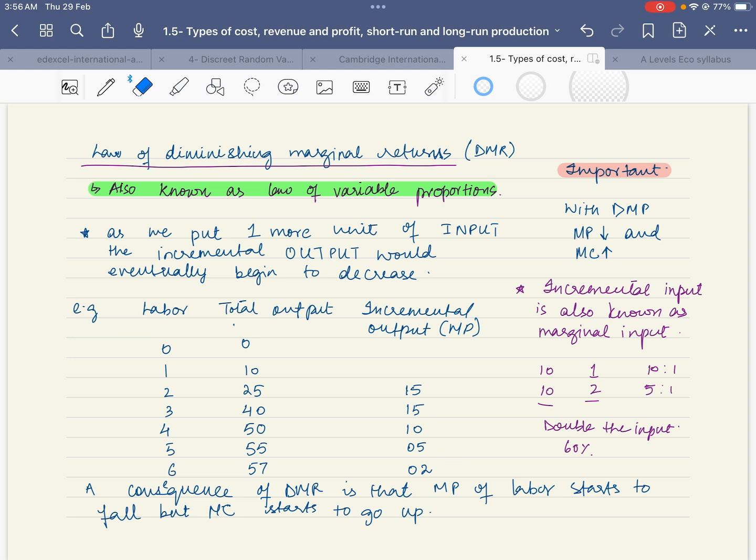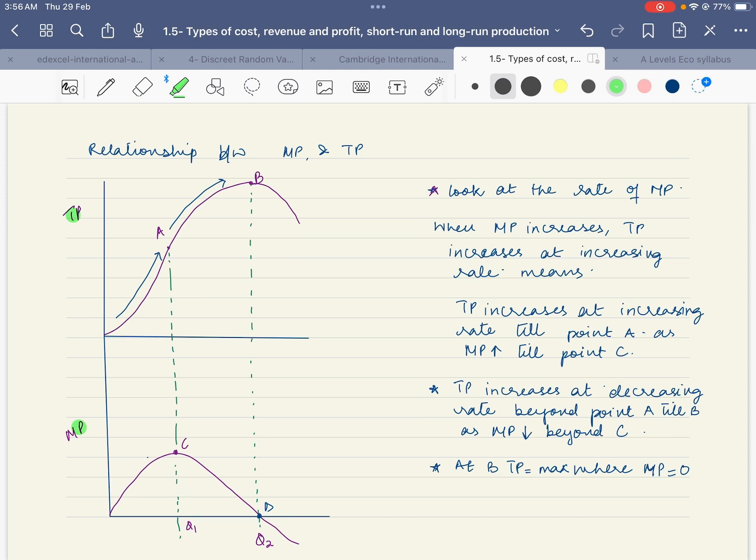We can observe this relationship graphically as well. Let's have a look at it graphically. We'll observe it in the same way as when we observe marginal cost and total cost, right? Total product keeps increasing as long as marginal product is increasing. This is stage 1. When marginal product keeps increasing, total product increases at an increasing rate. As the marginal product starts decreasing, total product still increases but increases at a decreasing rate.